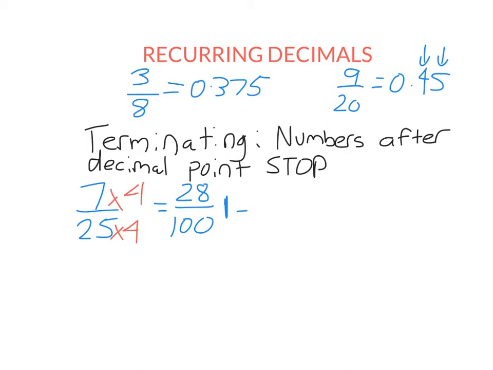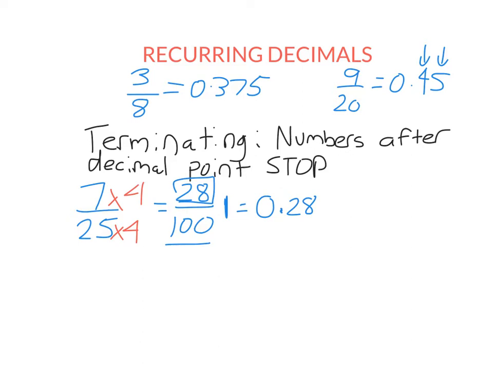So that's pretty easy. It's just 28 hundredths. Or if you like, we have a decimal. It's obviously less than 1. So 100 is the second column after the decimal point, so there should be two numbers after the decimal point. So take these two digits here. 7 over 25 is 0.28, and that is another terminating decimal.